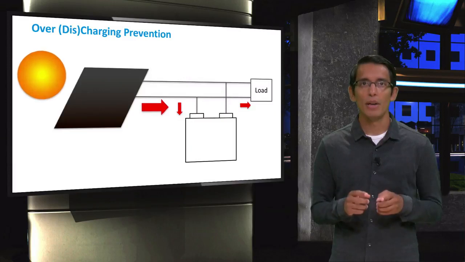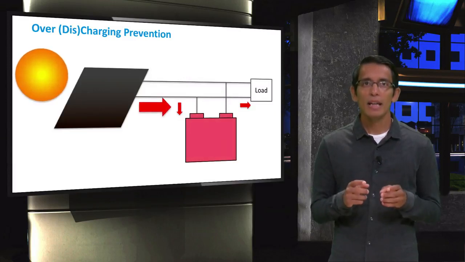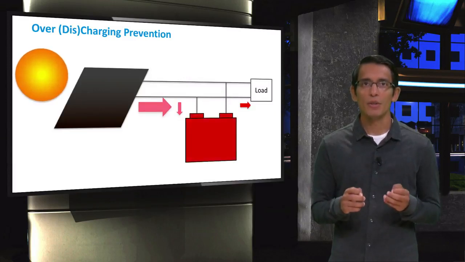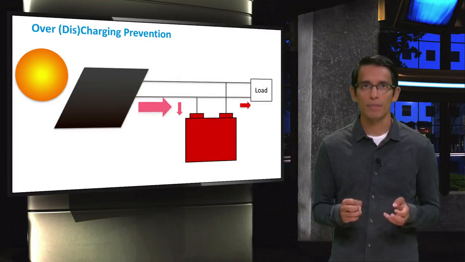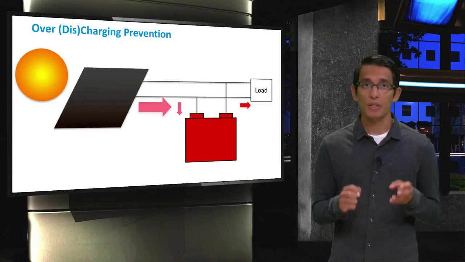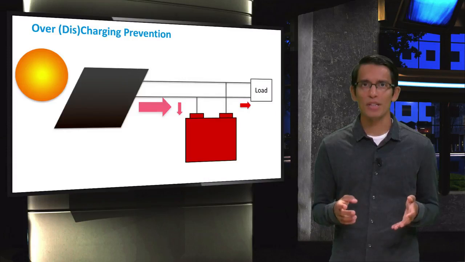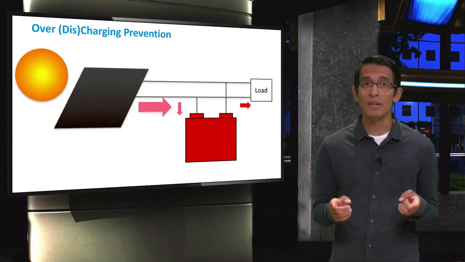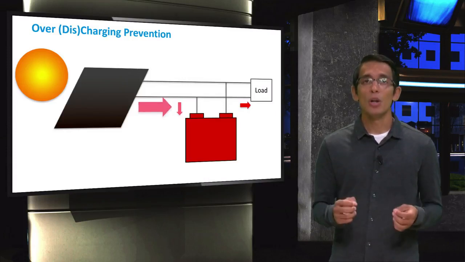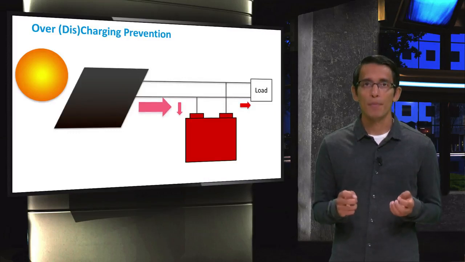Suppose in the same scenario, when the sun intensity is very high, the battery will get charged very fast due to the PV module producing higher currents. When this battery reaches its full capacity, the PV module will still continue to produce current feeding into the battery. At this point, the battery will begin to get charged beyond its capacity. This is called overcharging of the battery.